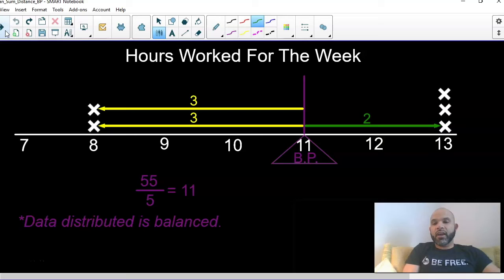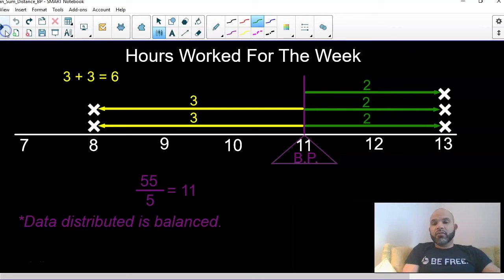What about those that are greater than the balance point? Well, we have one that's 2 units away, another that's 2 units away, and then a third that's 2 units away. So when you added those all up, you would have seen the 3 plus 3, excuse me, equals 6.